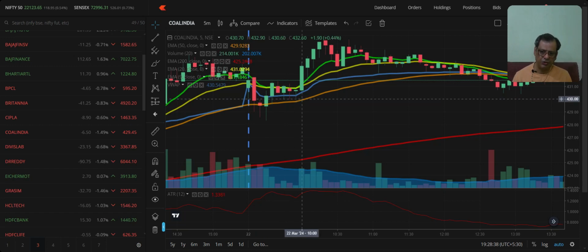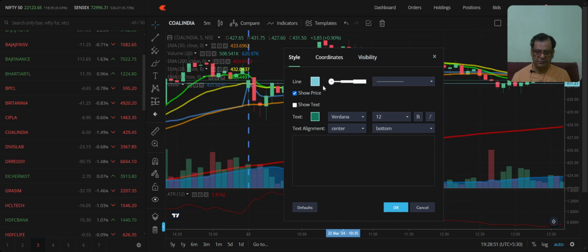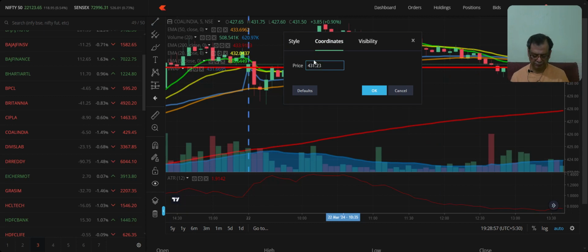You can decide to keep it as 1.30. So if you entered at 430.60, you can keep it as 431.30. Let's put a SL here. Let's make this red. You can go exactly at 1.80. This is one of the methods.